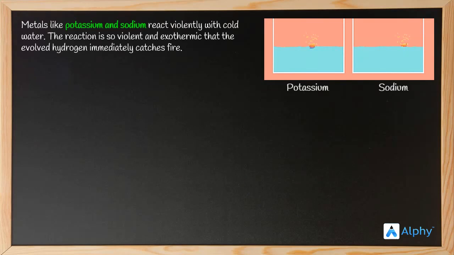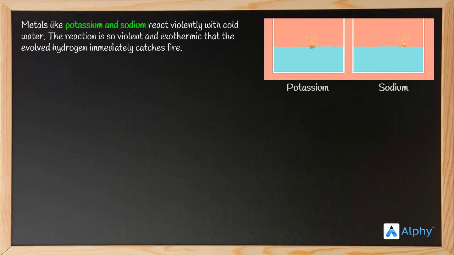So you can see how vigorous it is. It didn't even require any temperature for the reaction to happen. See, cold water already has a quite low temperature, right? And even at that low temperature, the evolved hydrogen catches fire in cold water. So that's how violent this reaction is.